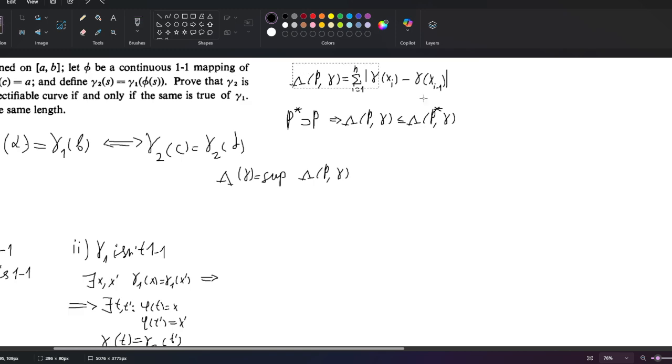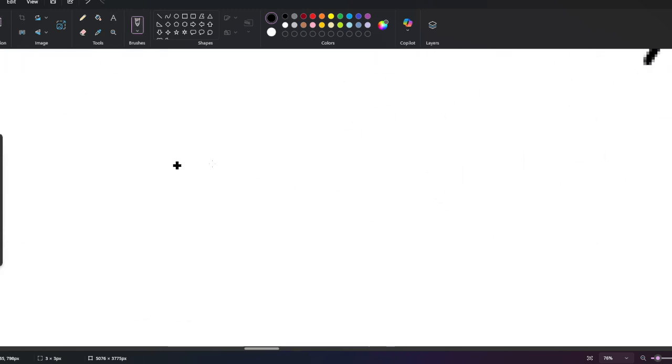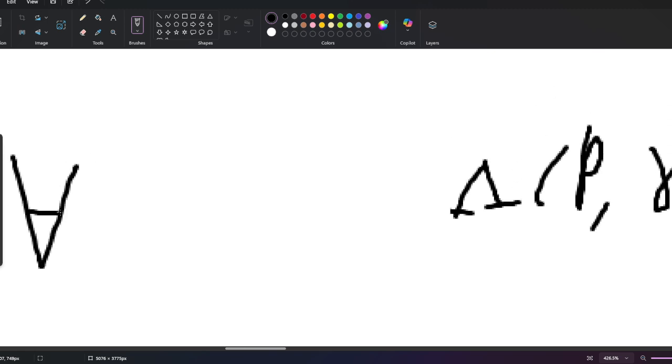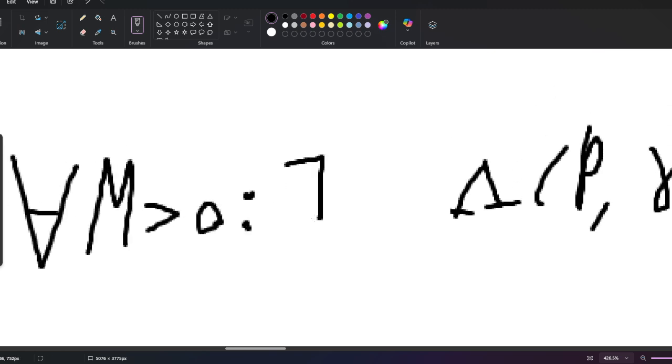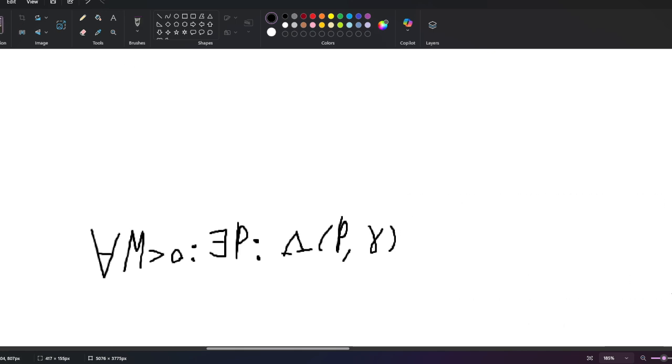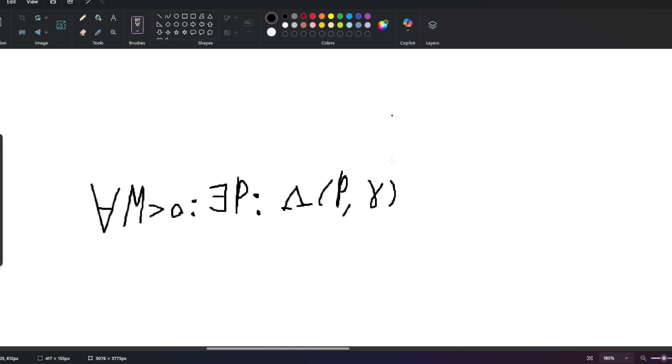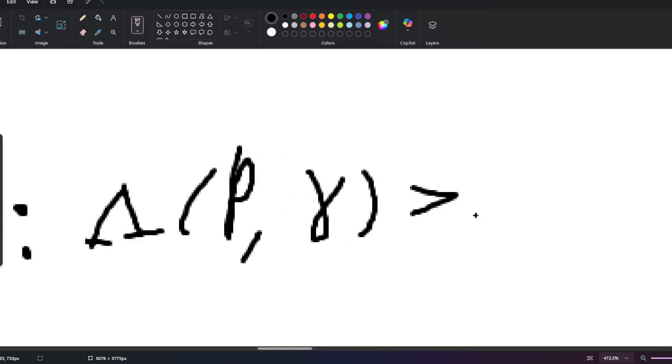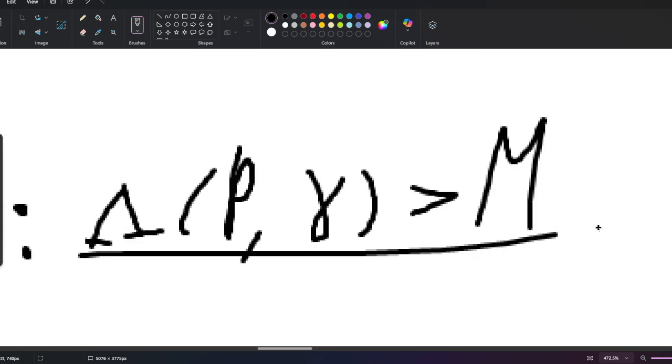So for every m greater than 0 there exists a partition such that the length of the partition is going to be greater than m.